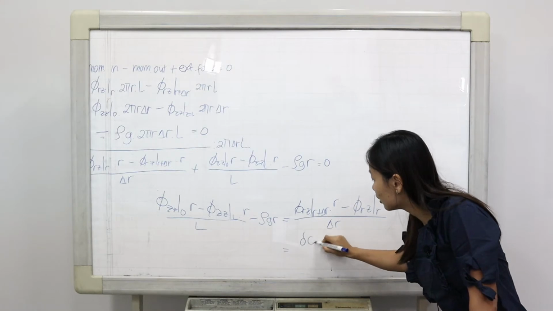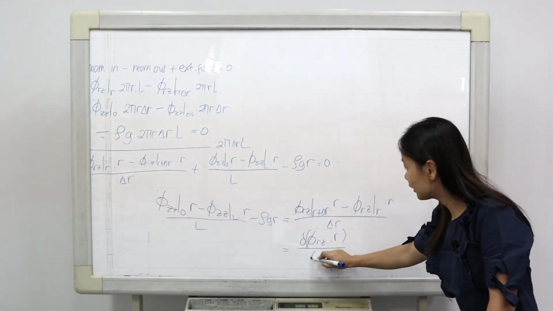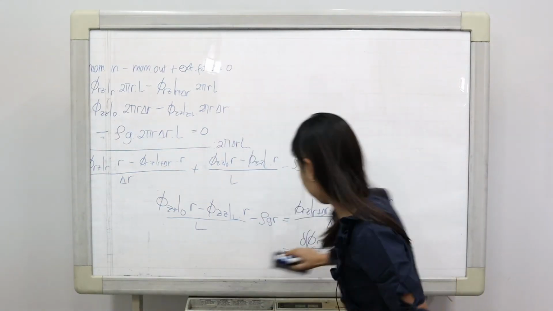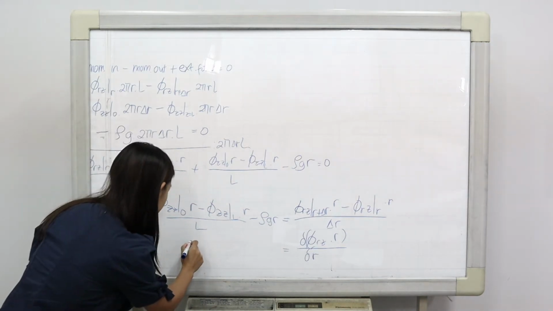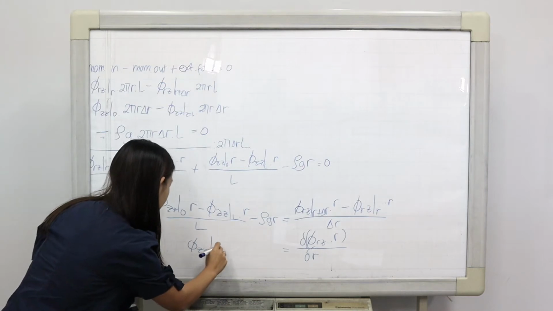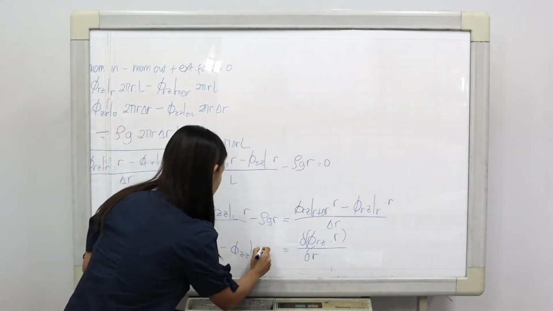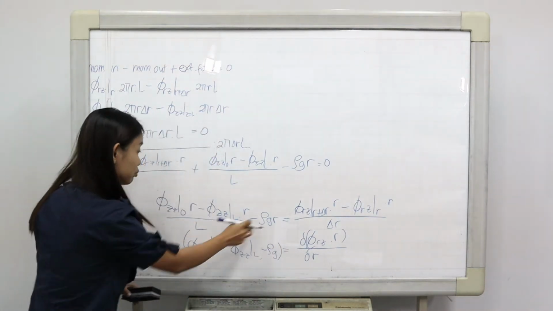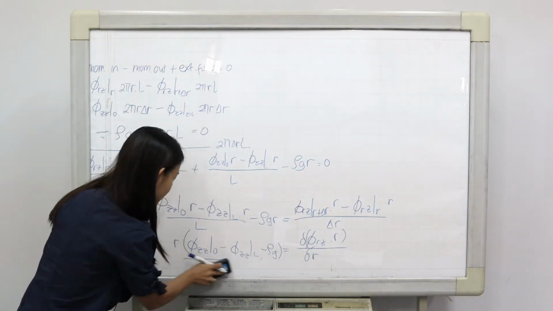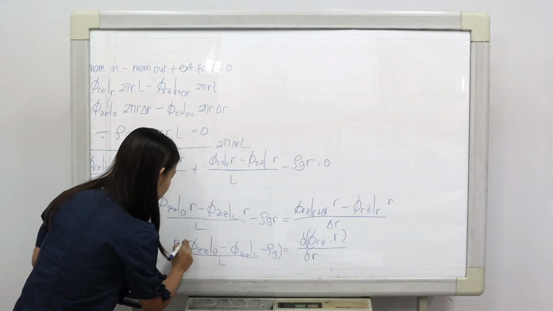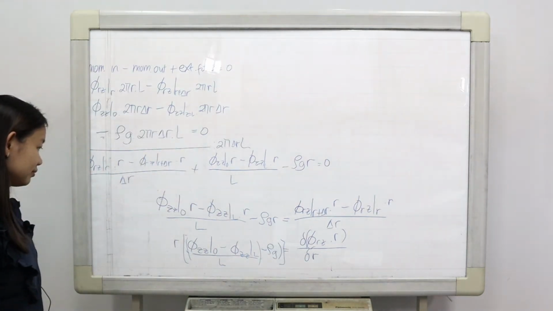So I can write the partial derivative of VRZ times R with respect to R, and yes, we still have R here, equal to VZZ at 0 minus VZZ at L, minus rho g, and put the radius R outside the bracket, and then divide by L. Like this.